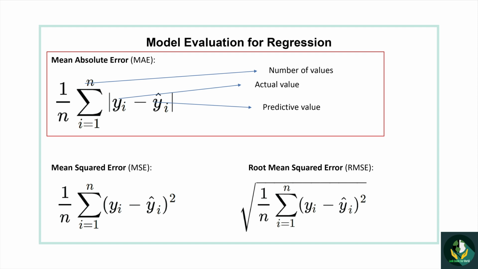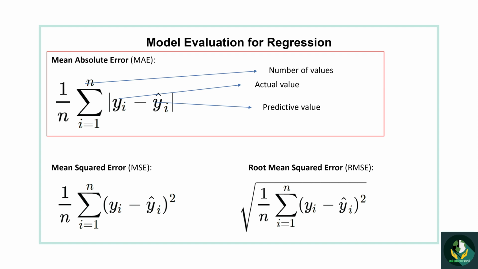So we subtract a predicted value from the corresponding actual value and then we take its absolute value and add them all together. Then we divide everything by n.